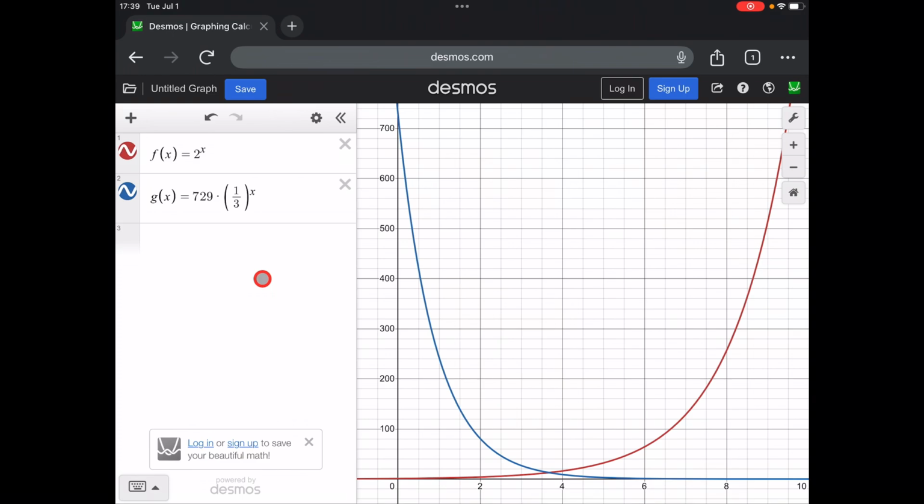Now, let's see the rate of change on this graph. In the last video, I said that the rate of change is the number raised to the x power in the equation set up for an exponential function. So for the first function, that would be 2, and for the second one, it would be 1/3, because that is the number you are raising to the x power.